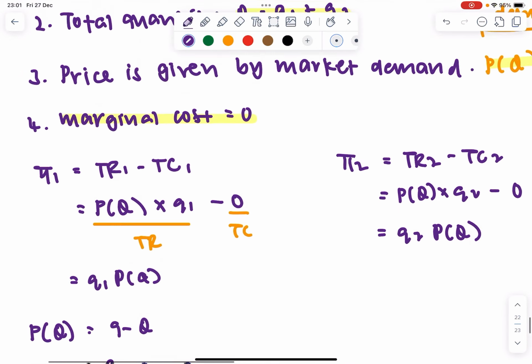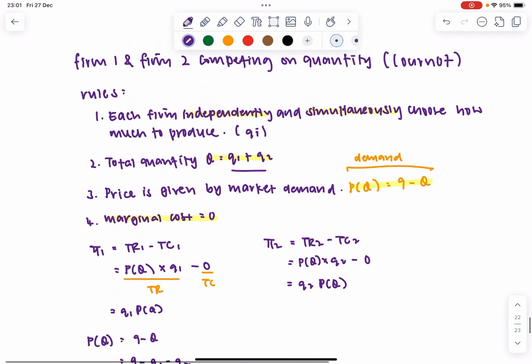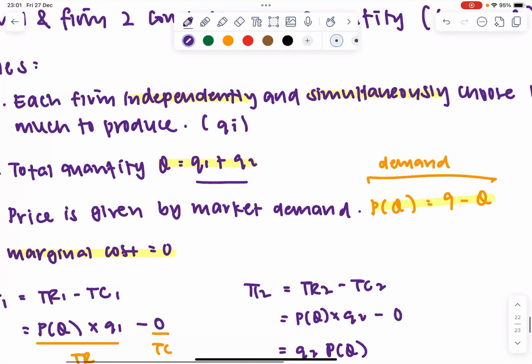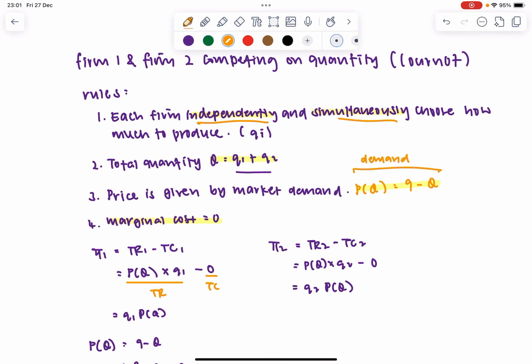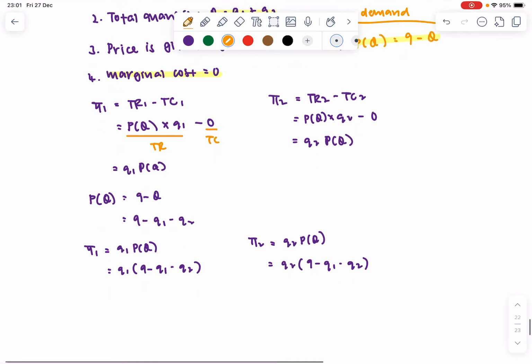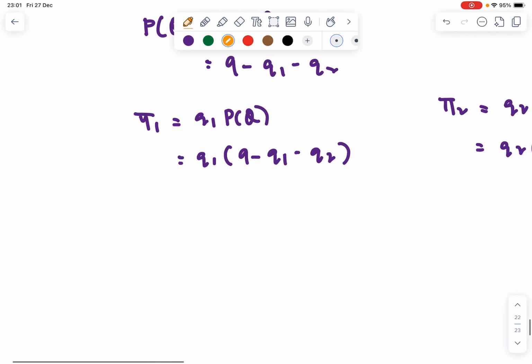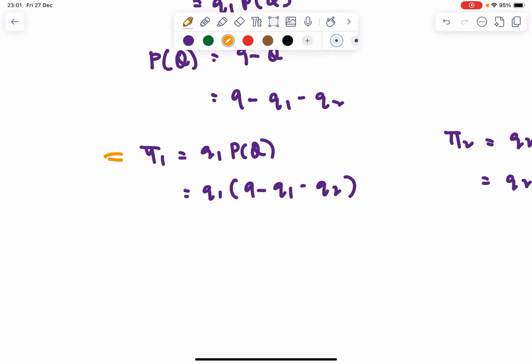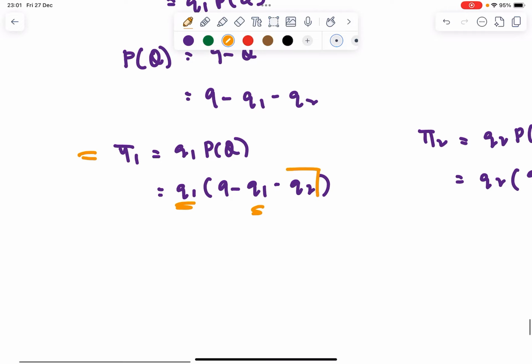Remember, we set in the rules that each firm independently and simultaneously chooses how much quantity to produce. So for firm 1, it can only choose Q1. We treat Q2 as a fixed constant, because we don't know how much the other firm is producing.